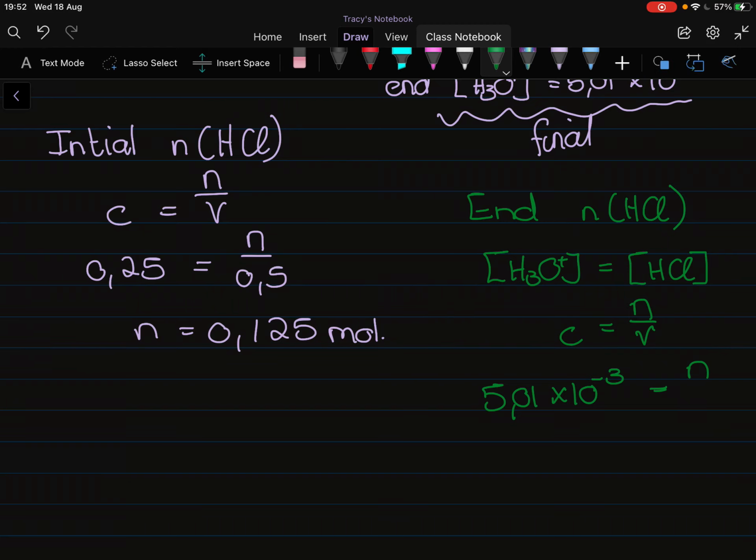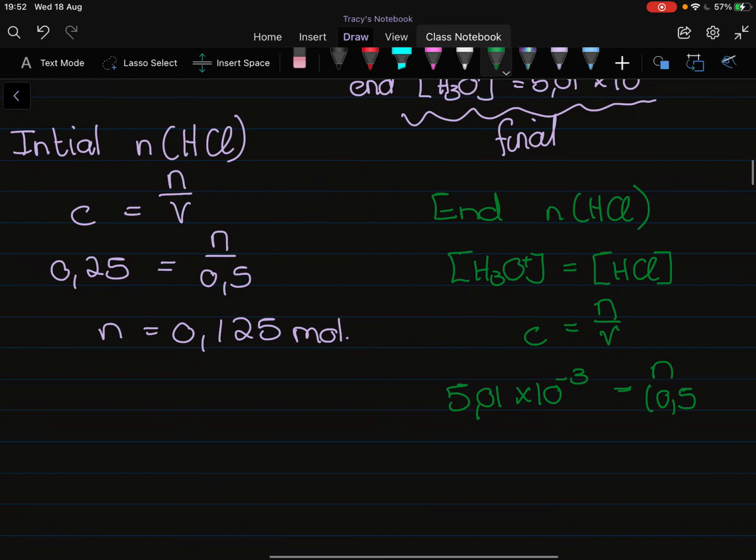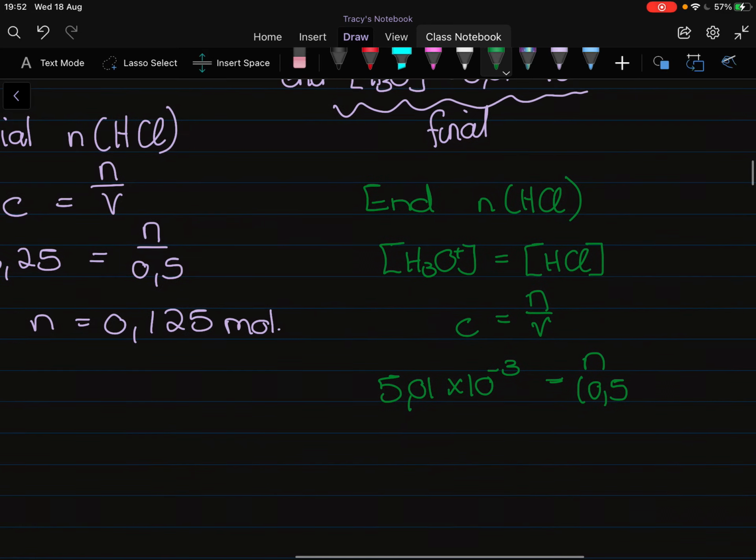You need to remember here that we had 0.5 decimeters cubed of the acid. We then added 0.5 decimeters cubed of the base. My total volume is now 1 decimeter cubed. This is very important. That's the trick to this question.